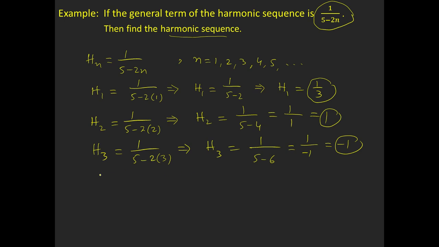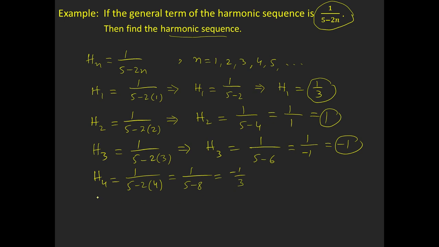We can also get h4 if we put n is equal to 4, 1 divided by 5 minus 2 into 4, 1 divided by 5 minus 8, and this is equal to minus 1 divided by 3.